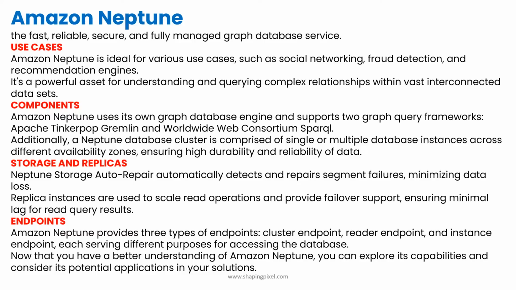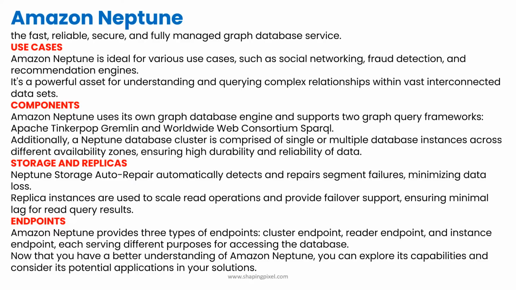Additionally, a Neptune database cluster is comprised of single or multiple database instances across different availability zones, ensuring high durability and reliability of data. Neptune storage auto repair automatically detects and repairs segment failures, minimizing data loss.